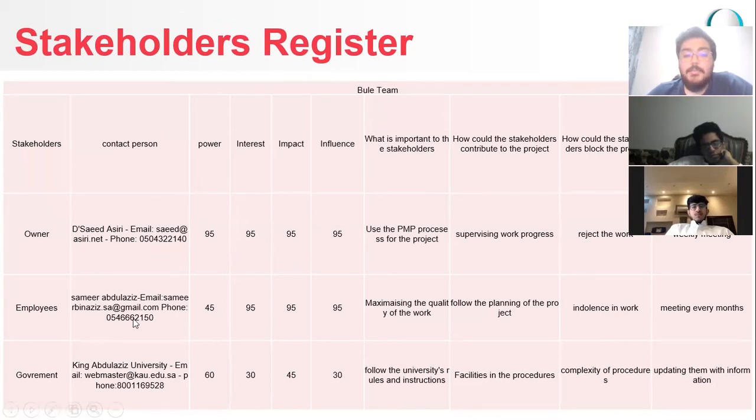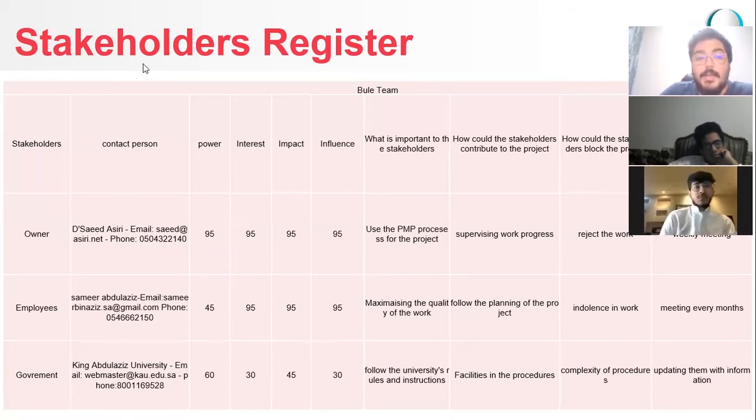So they have 45, and the interest, of course, 95, the impact 95, and also the influence 95. About the government, they have power, okay, but not like the owner, of course, and the interest 90, the impact 45, and the influence 30.